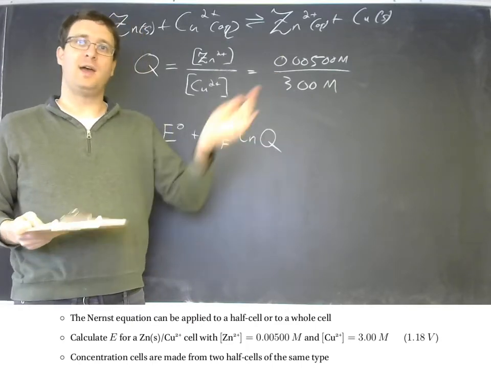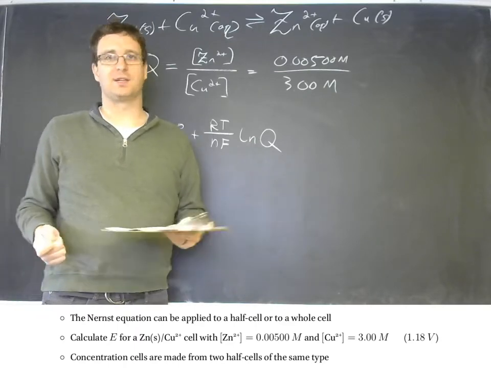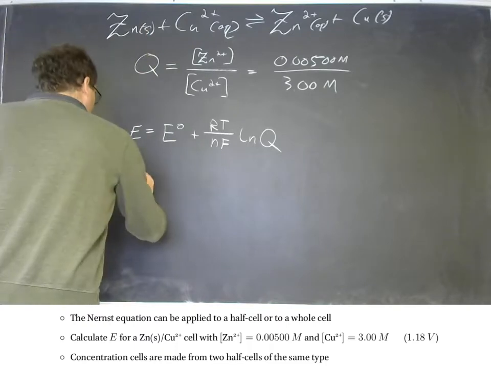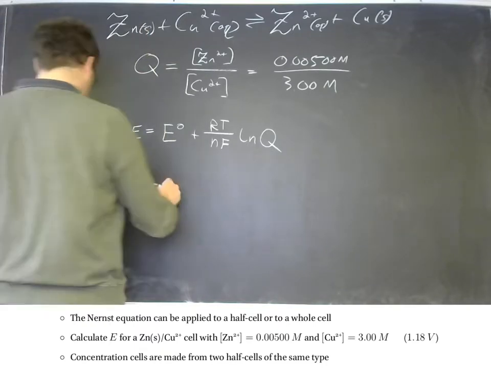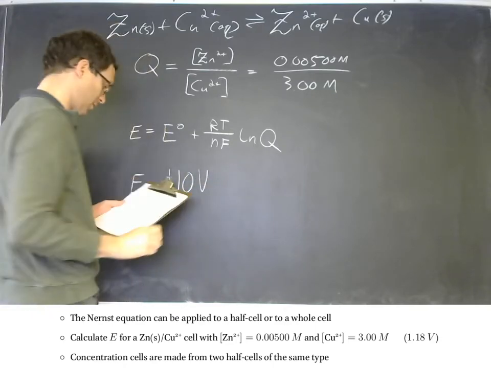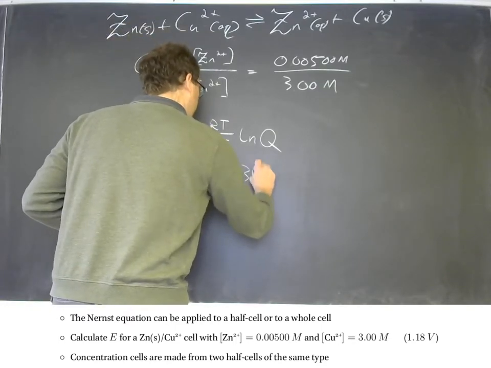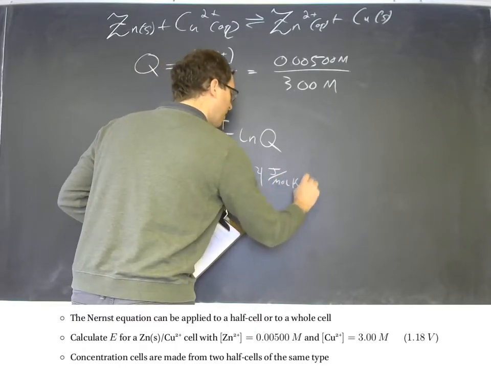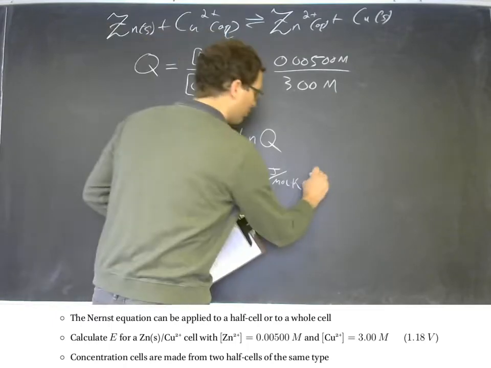We're going to try to improve the standard zinc copper 2+ cell to have a higher voltage. Let's figure out what its potential would be. E is equal to E naught, which is that now very familiar 1.10 volts, plus 8.314 joules per mole Kelvin. And again, I didn't list it in my notes, but we're just going to assume room temperature, 298 Kelvin.